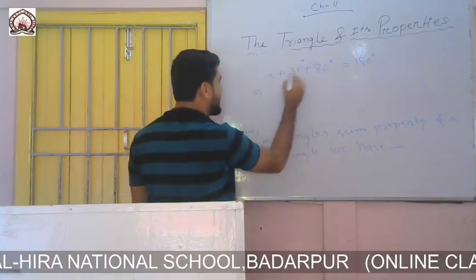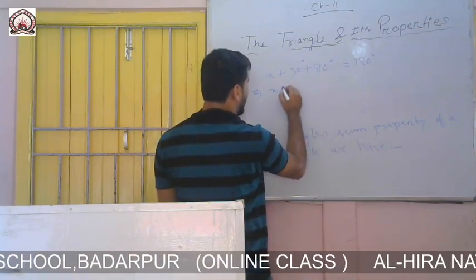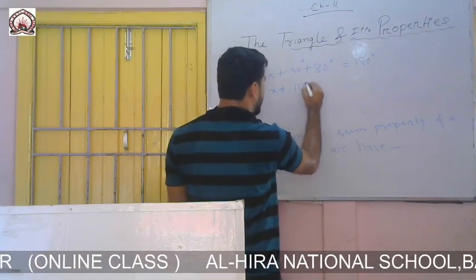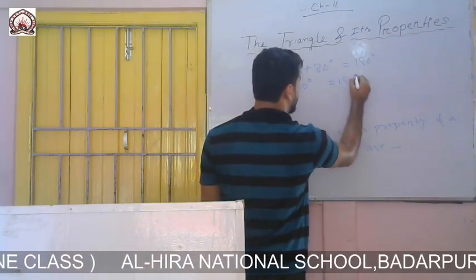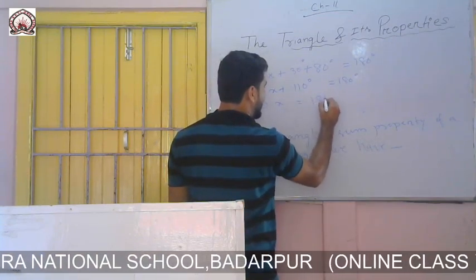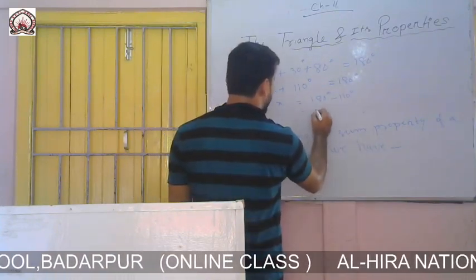So from there I can find angle x. So angle x plus, if I add this one, 110 degree equals 180 degree. Now I will subtract 110 degree from 180 degree, then I will get what? 70 degree.